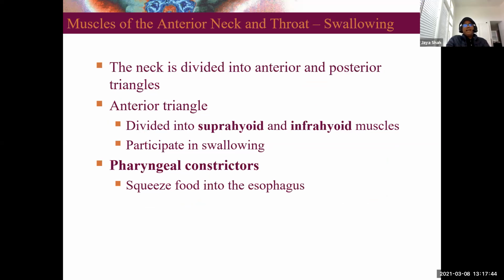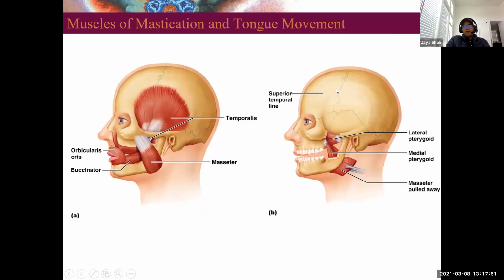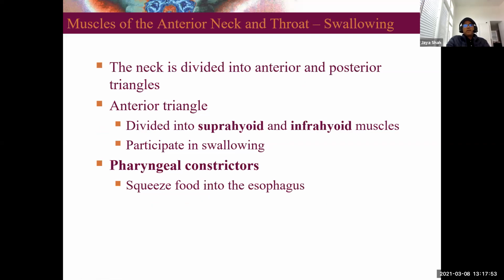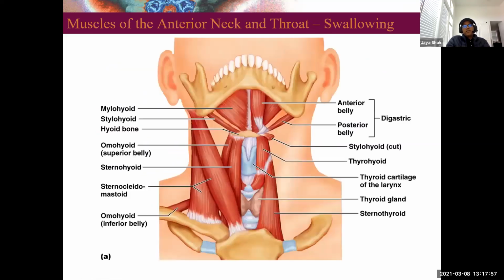Now the muscles of the anterior neck here. The neck is divided into anterior and posterior triangles. Where is the sternocleidomastoid? This is the sternocleidomastoid.